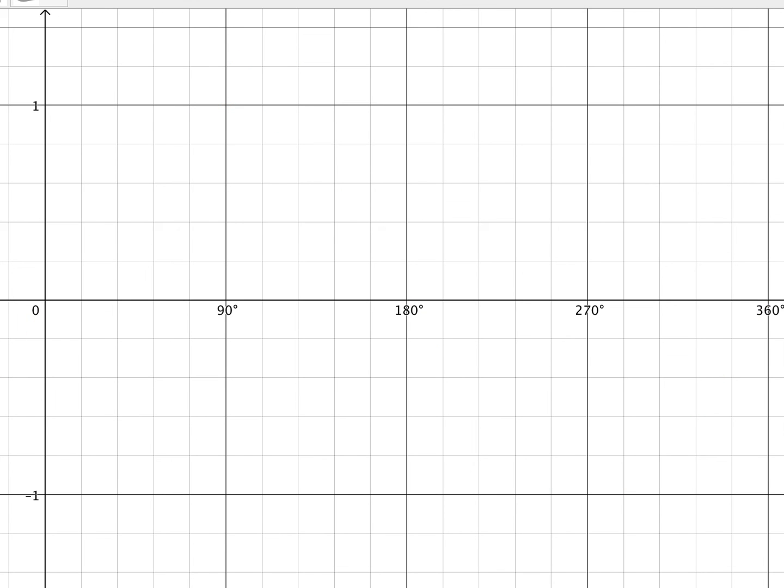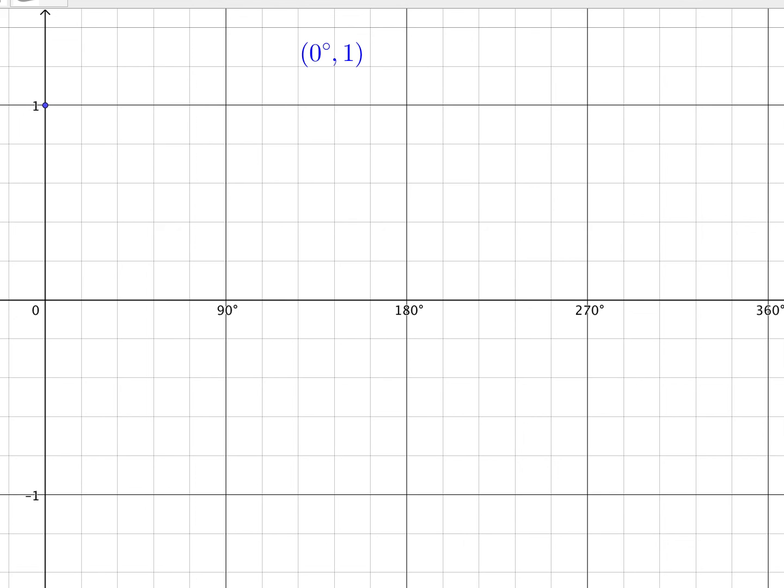If I were to look at the cosine curve in the same way, here we go, cosine curve, it starts at 0 degrees, 1. Now the cosine curve would be looking at the adjacent over the hypotenuse. From the triangle we had earlier, it would be the horizontal side of the triangle, looking at its length and plotting it.